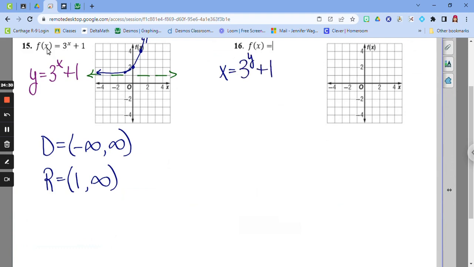So these are those logarithms we've been writing. In order to solve for y, I need to subtract 1, so that I have x minus 1 equals 3 to the y. Rewriting that as a logarithm, that's going to be log base 3 of x minus 1. That's what goes into Desmos.